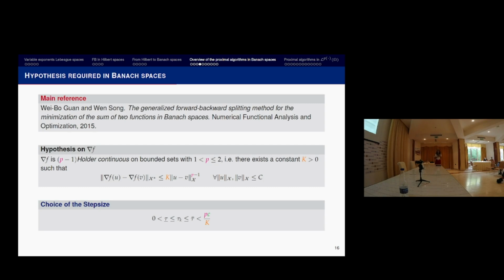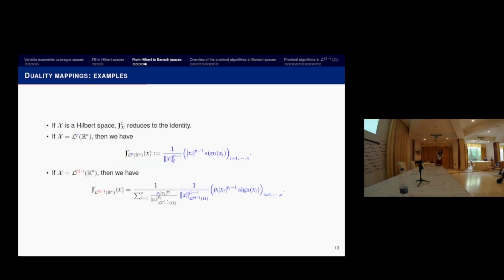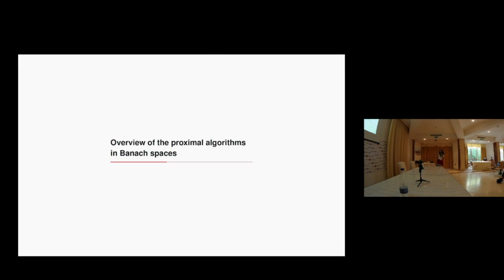As you can see by the inequality that defines this property, it is very similar to the inequality that defines the Lipschitz continuity of the gradient, but on the right side we have this power to the p minus 1 that before was not present, and this is caused by the duality mappings that depend on this power to the p minus 1.